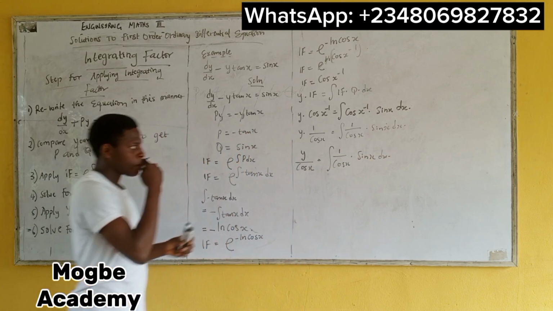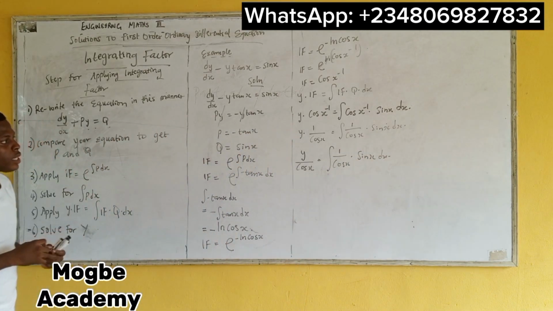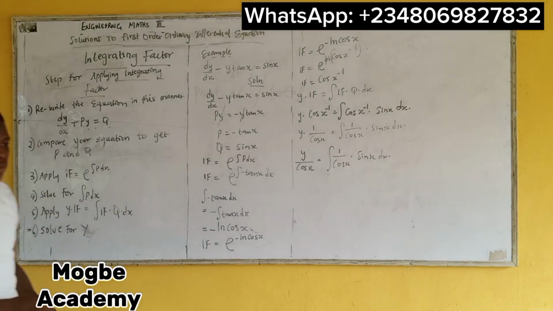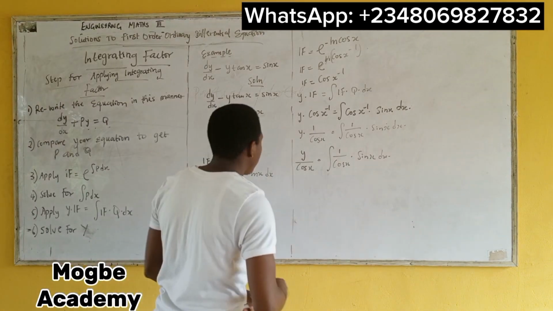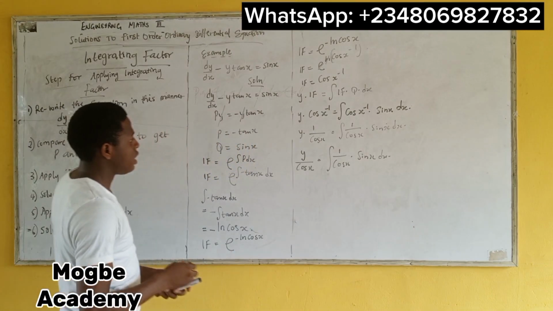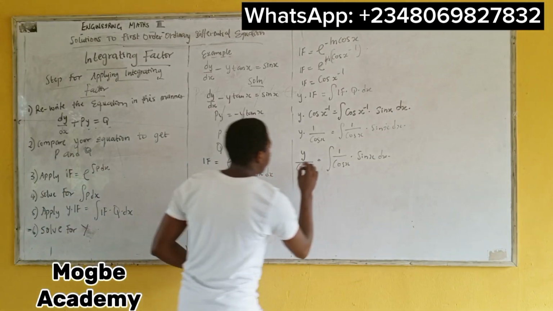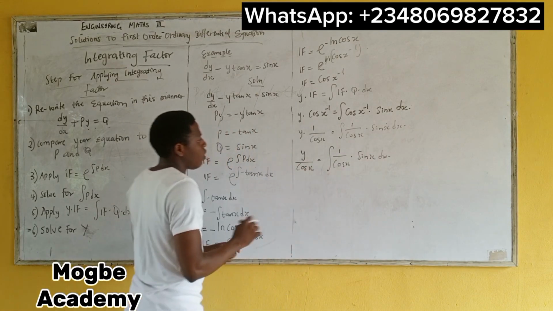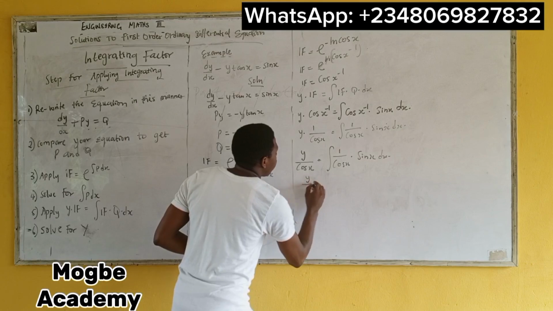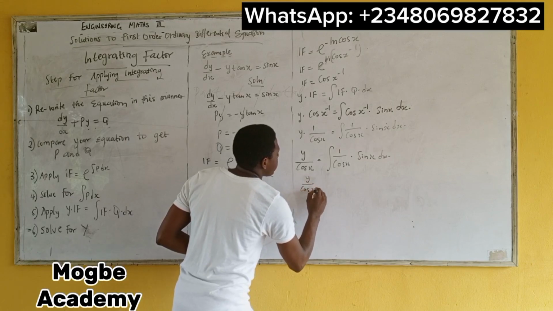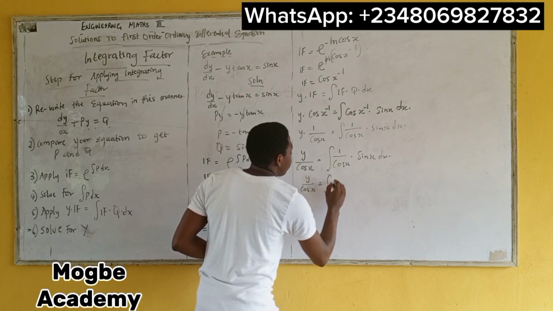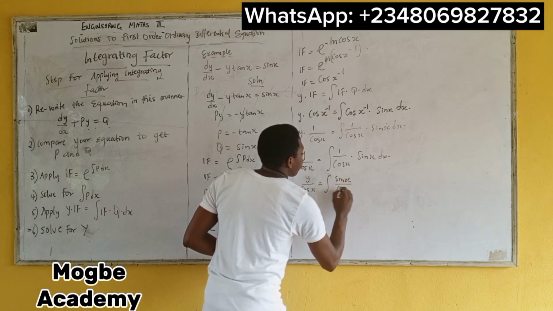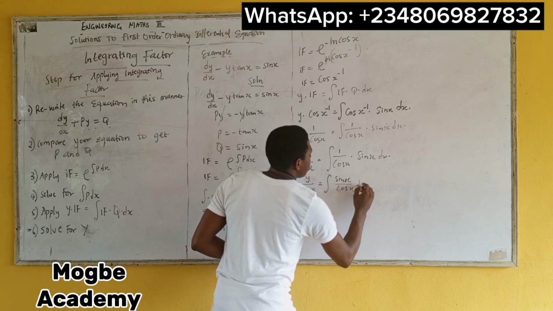You understand? Now the next thing is to solve for y, that's making y the subject of formula. We first solve for the other side of the equation: y over cos x equal to integral of sine x over cos x dx.